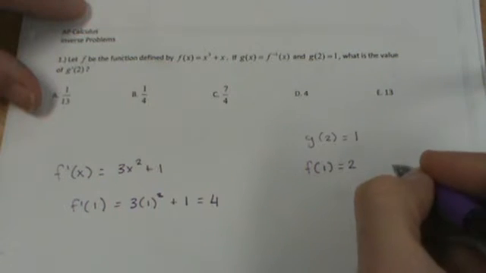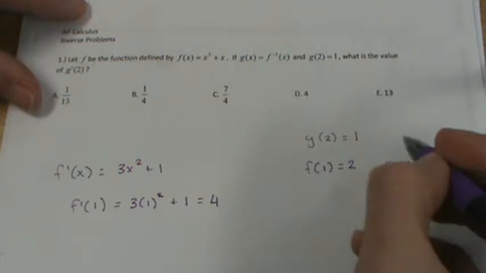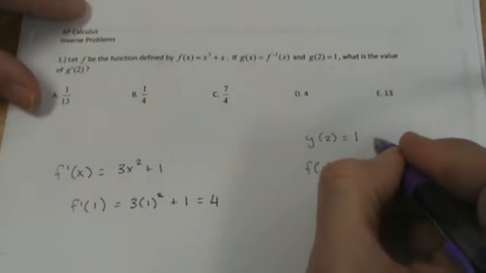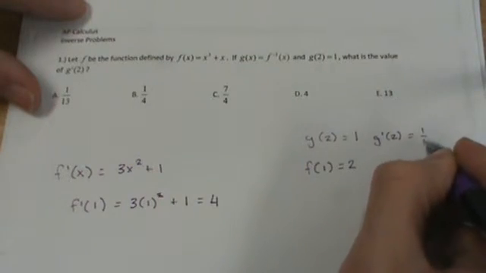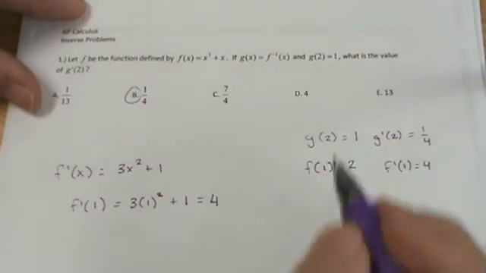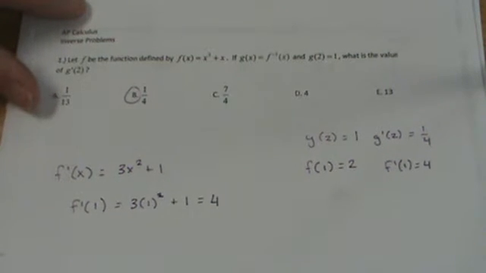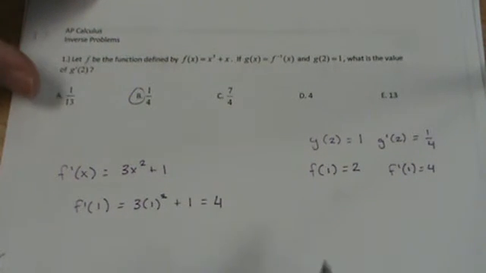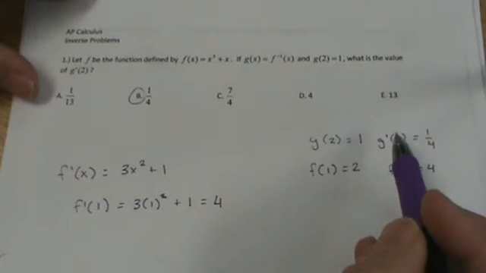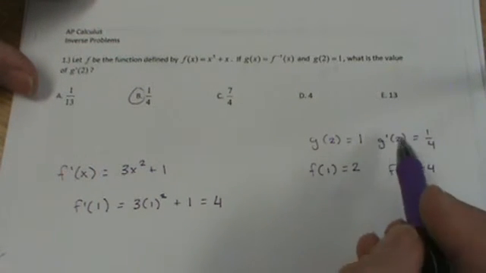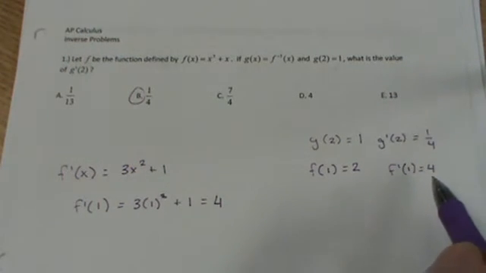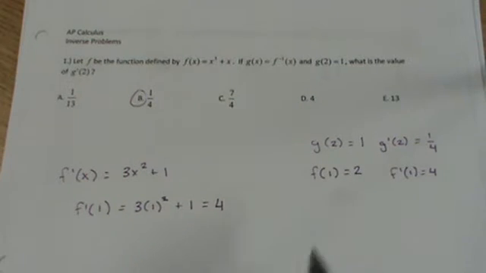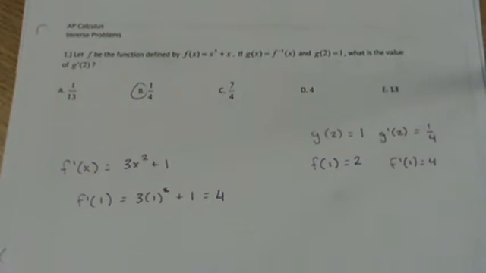So if the derivative of f at 1 is 4, then the derivative of g at 2, that corresponding value, should be 1/4, which is answer choice B. Again, the derivative of a function and its inverse are going to have reciprocal values at those corresponding points. All right, let's look at another example.